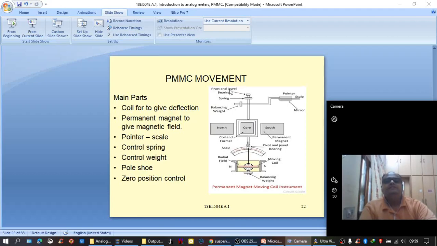Those are placed in the groove of the jewel, and when current is flowing, this pivot will be freely moving in the groove of the jewel, so that the pointer movement, because of the current flowing through the coil, would not be disturbed.